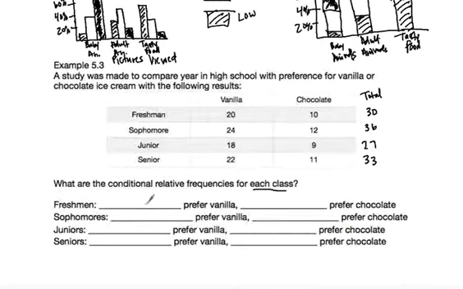All right, so freshmen that prefer vanilla. There were 30 total freshmen that were asked, and 20 of them preferred vanilla. So 20 out of 30 that were asked is going to give you 0.667 or 66.7% that prefer vanilla.